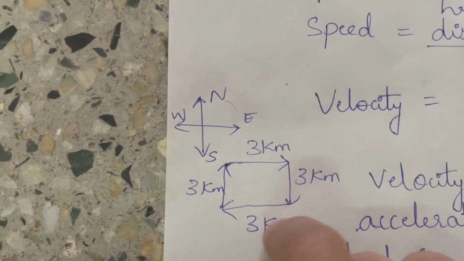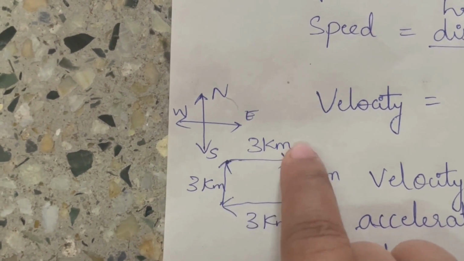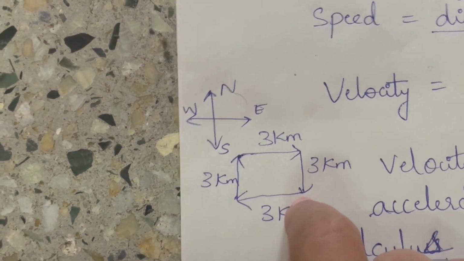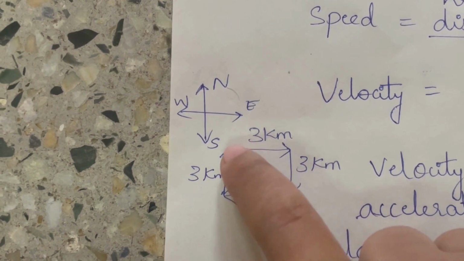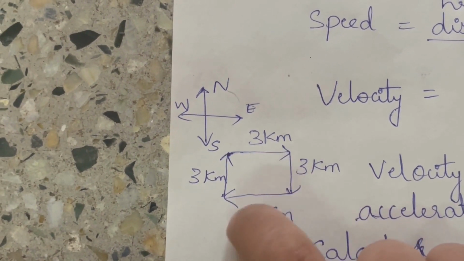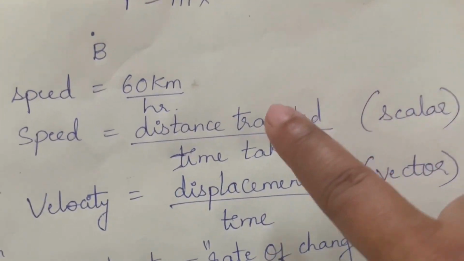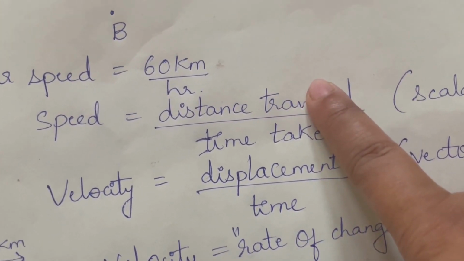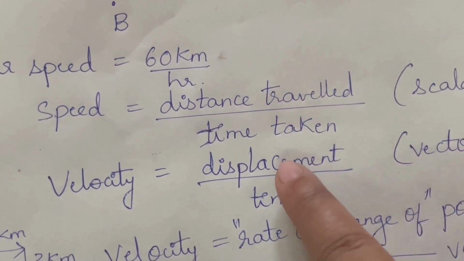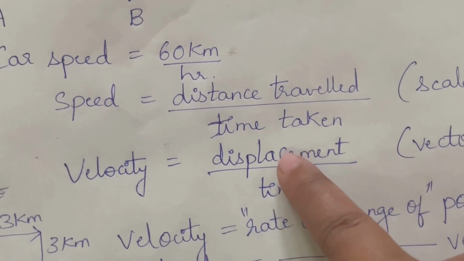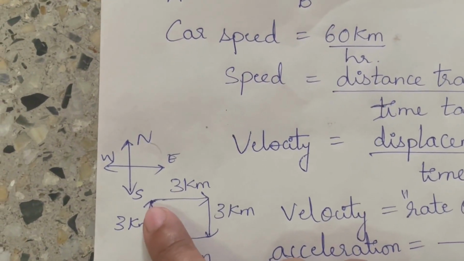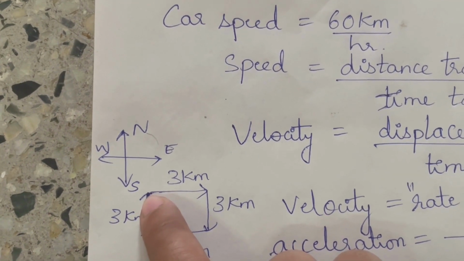What is the distance he travelled? It is 3 kilometers plus 3 kilometers plus 3 kilometers plus 3 kilometers. That is 12 kilometers he has travelled. So his distance travelled is 12 kilometers. But what is displacement? Displacement is final position minus initial position.